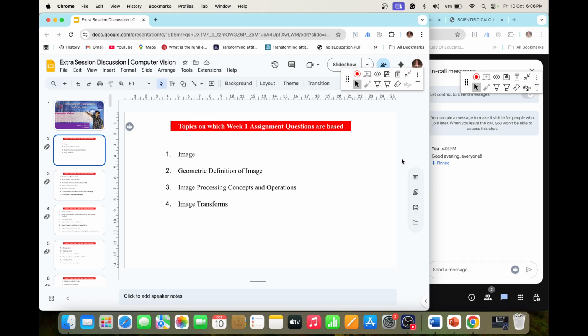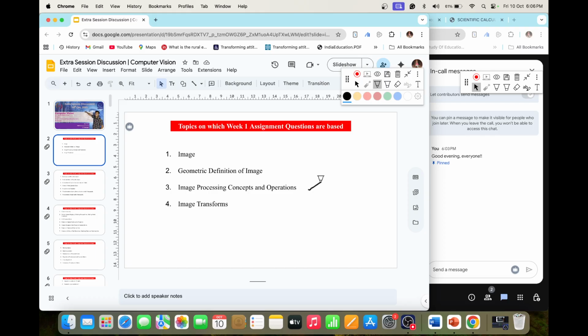Then different concepts and operations for image processing, like image histogram. Then different gradient operations for edge detection, like the Sobel operator and Prewitt operator. Those are important in terms of your numericals. That is why these image processing concepts are important.